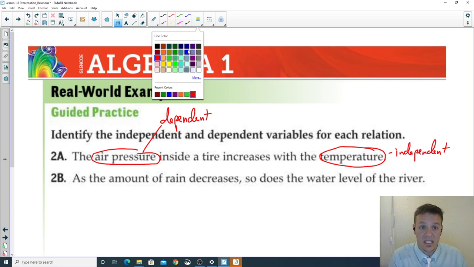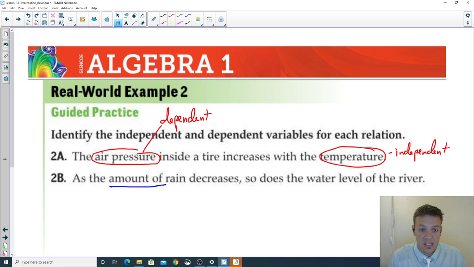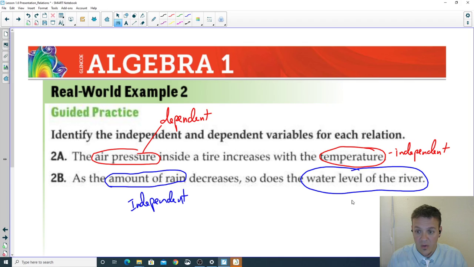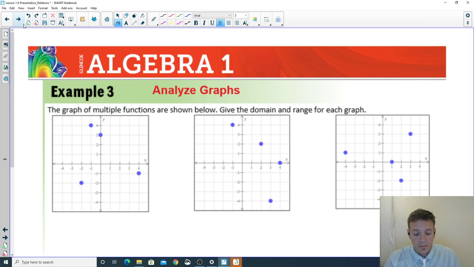So, what is the independent? It is the amount of rain that is independent. If it doesn't rain, the water level goes down. If it rains a ton, the water level goes up. Okay, understand the difference between the two, especially as you move forward tomorrow.